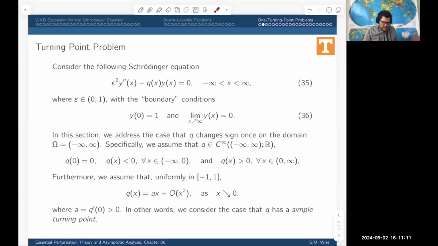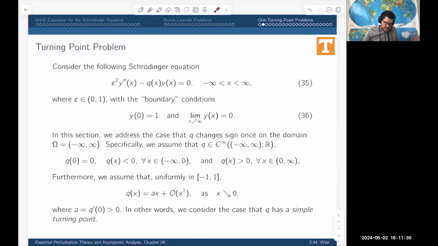In the present case, we're going to be interested in the problem on an infinite domain, so x is in the real line. The only type of boundary conditions that we're going to consider are that y should go to 0 as x approaches plus infinity. Then we just need one other boundary condition to set, it turns out.